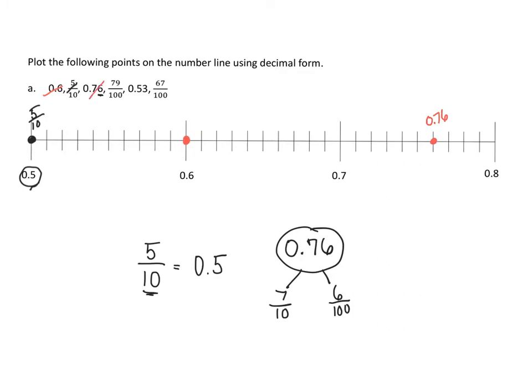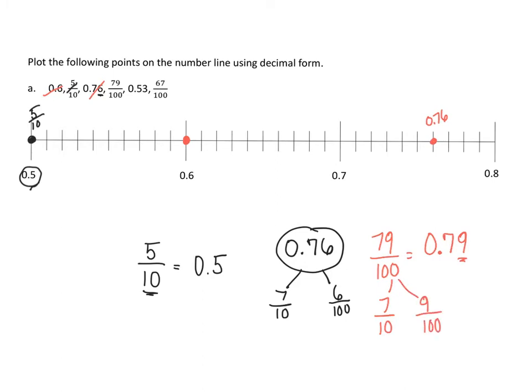Well, now I see another fraction. I see 79 hundredths. So what does 79 hundredths look like as a decimal? All right, so it is 0.79. The 9 is in the hundredths place. So if we take this, we know that there is 7 tenths, and we know that there is 9 hundredths.